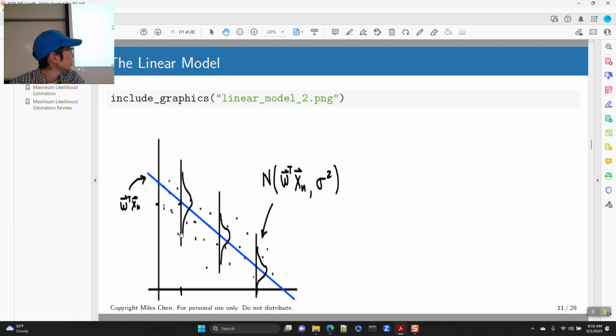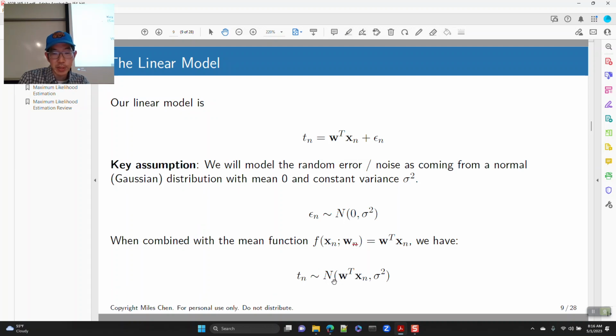At each location of xn, you have this little normal distribution, centered at w times xn, for each of these xn locations. The values that we observe are basically draws from some random distribution like this. That's basically what we're saying right here.